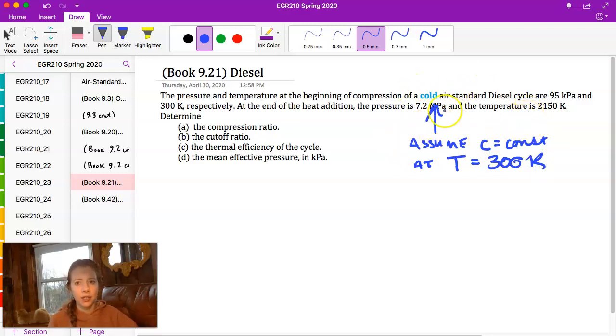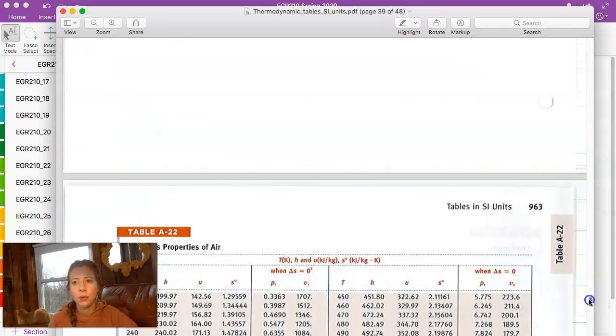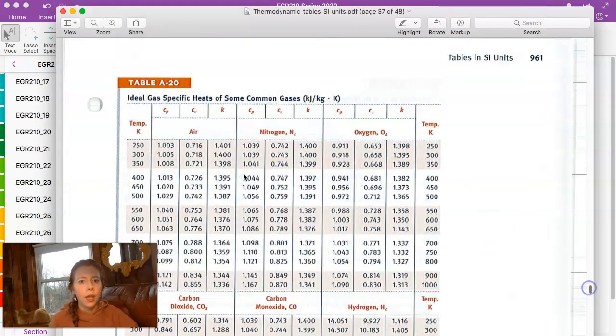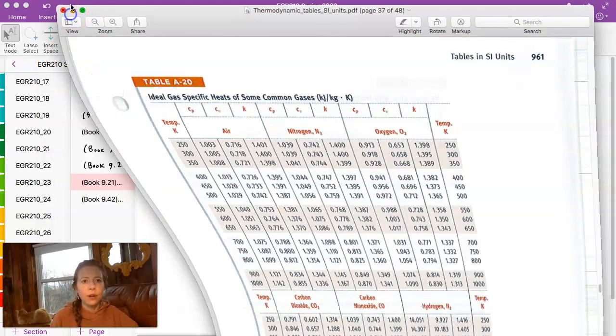So that's that assumption. All right, and so then we can go into our table, table A20 now, and we can look up k for a temperature of 300. And so here, k is equal to 1.4.